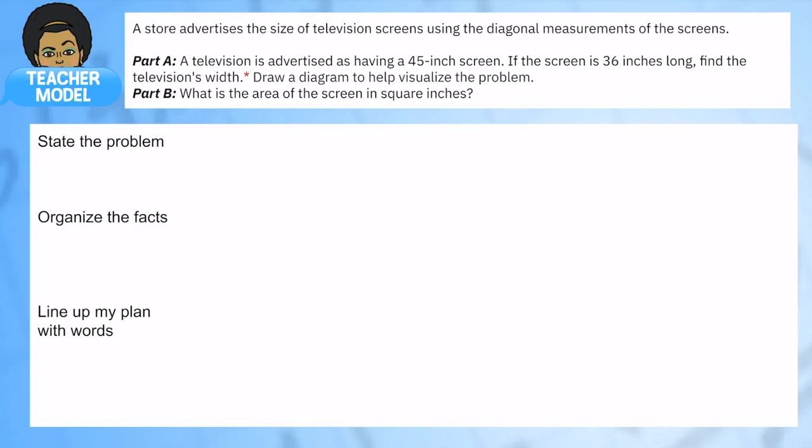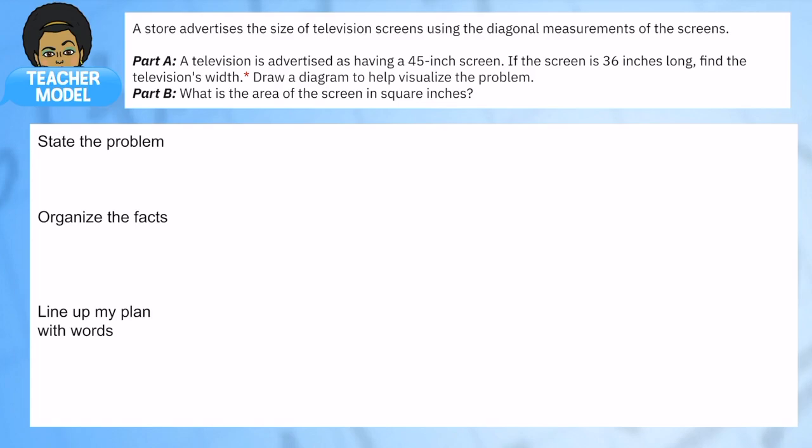If the screen is 36 inches long, just on the base of it, find the television's width. It gives us a hint to draw a diagram to help us visualize. Then once we have that information, we're going to find the area of the screen.